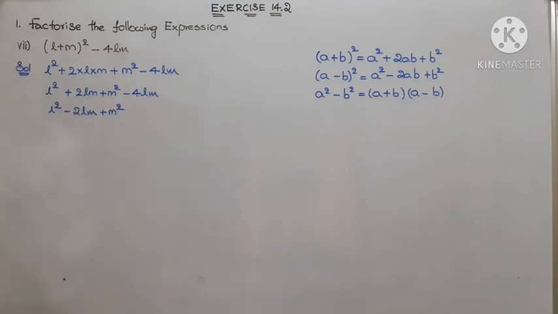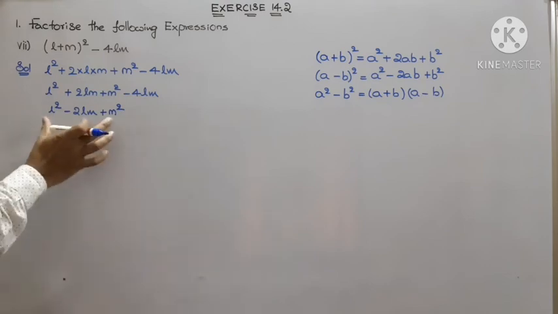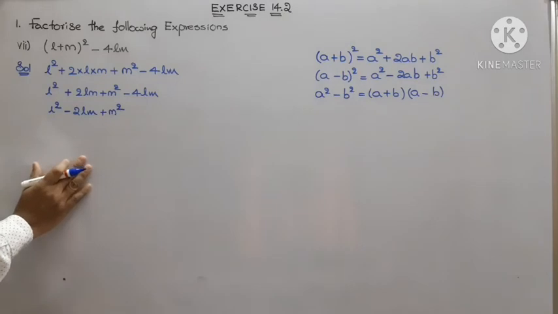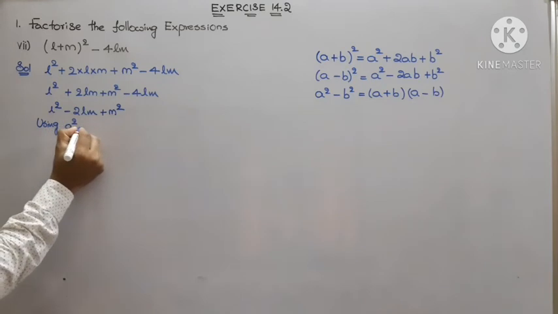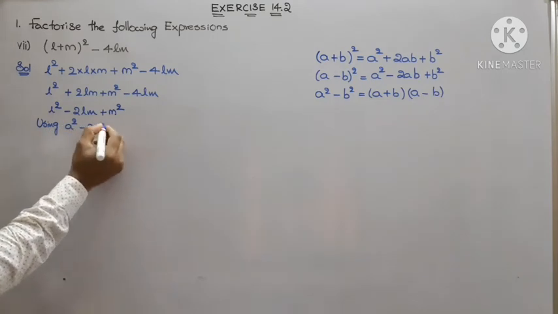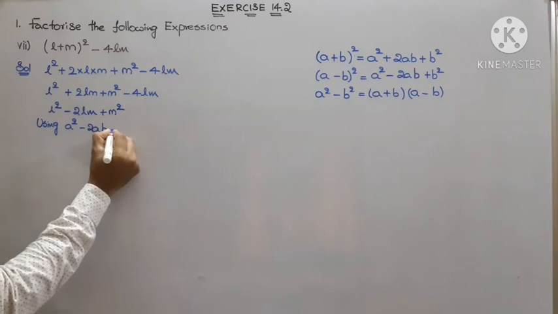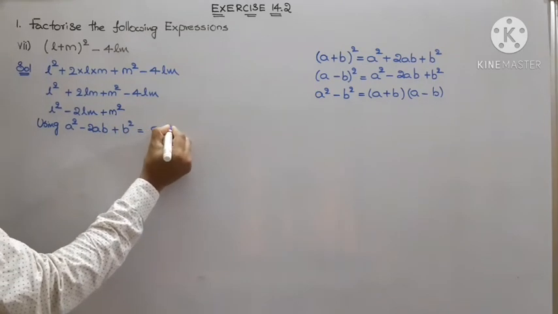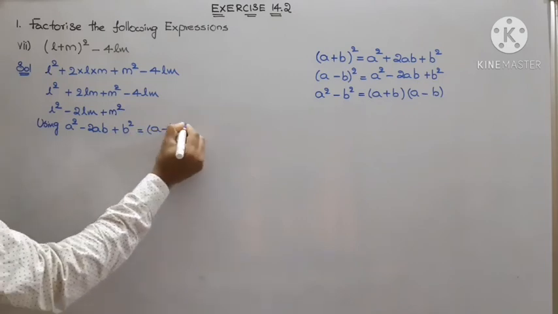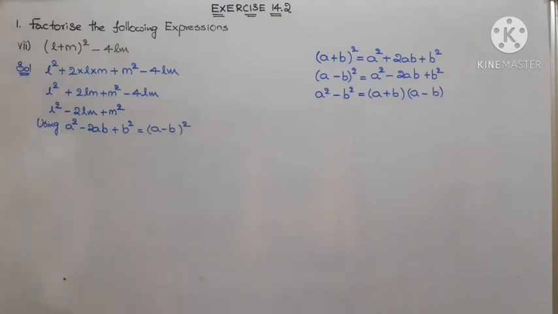Okay, very interesting question. Look, now this carries the form a square minus 2ab plus b square. So using a square minus 2ab plus b square is equal to a minus b whole square.